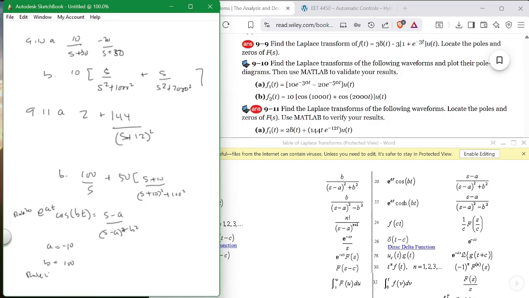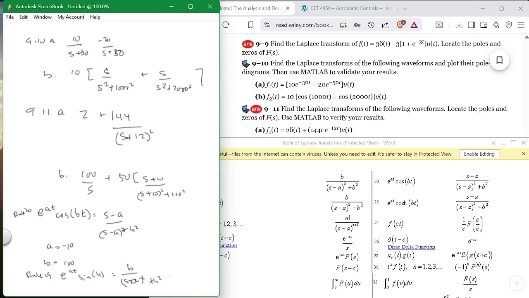19, which is e to the AT sine of BT is equal to B over S minus A quantity squared plus B squared.